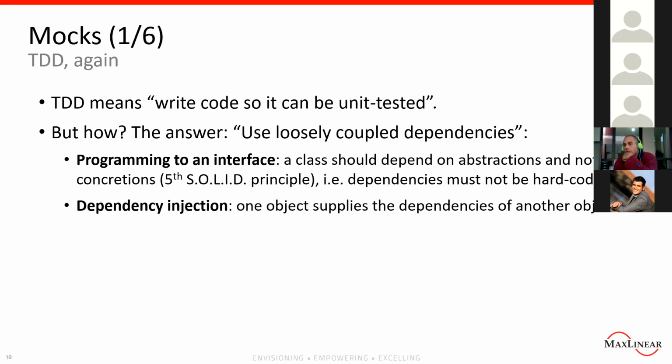All dependencies in our code under test must be supplied by another object, probably in the constructor or maybe with a setter method, but never created inside our code. Otherwise, we won't be able to test that code without having that dependency also.